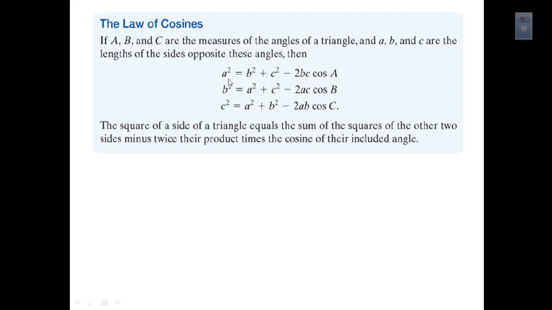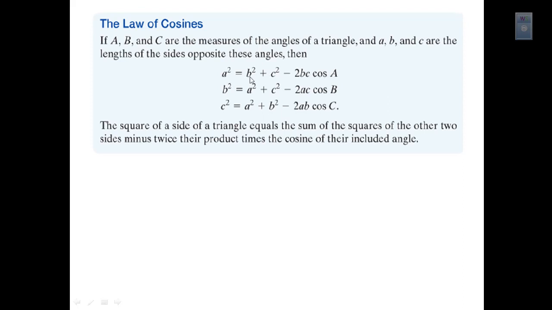Now, an easy way to remember this. I'm not going to read out every single one of these because you can look at them and see the formulas. You can pause it and write it down if you want to. But here's how you remember how this thing sets up. If you've got a side over here, a squared, the other two sides are over here, like Pythagorean theorem, plus some stuff.